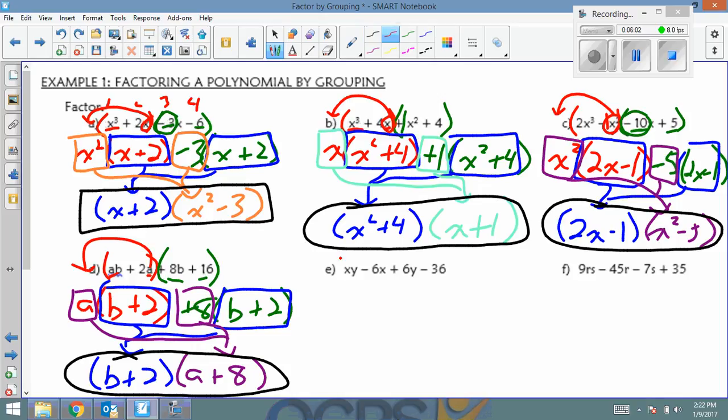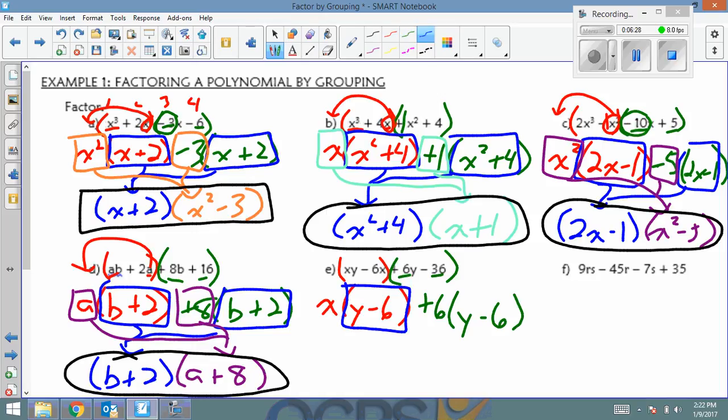We'll do it again. First group 2, group them together. Last 2, group them together. They both have an X, so we're going to pull out an X. What's left is Y minus 6 out of the first one. The second one, what's the number that goes into 6 and 36? That's positive 6. That leaves me with just a Y, and then 36 divided by 6 is 6.